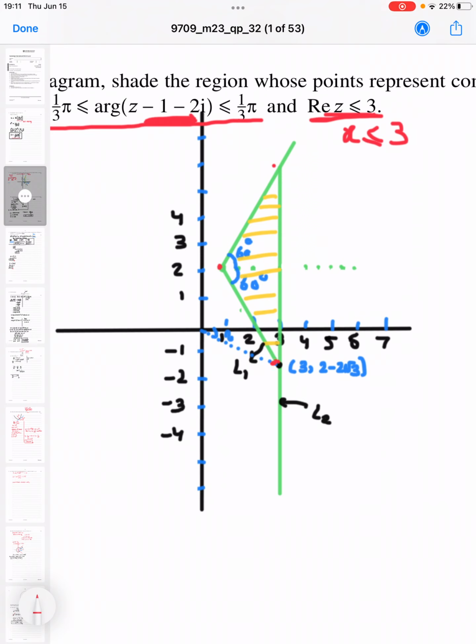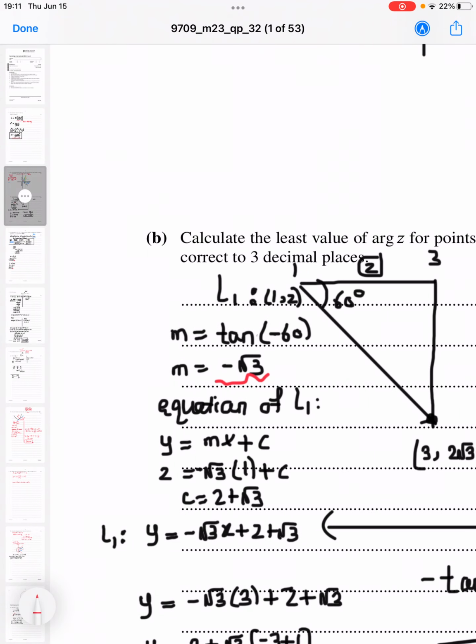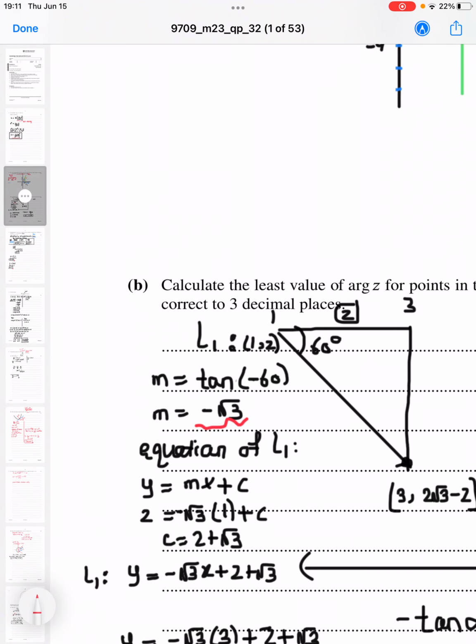So we have this line equation, which is x equals 3, and we can find the equation of this line. Because the angle is negative 60, we can deduce the gradient of this line, which is tan negative 60, which makes it minus root 3, and the point (1, 2) lies on this line, so we can find the equation of this line by applying y equals mx plus c.